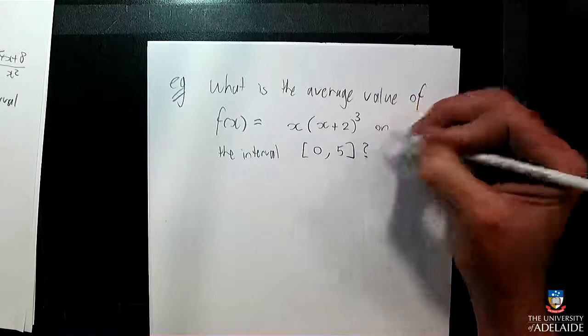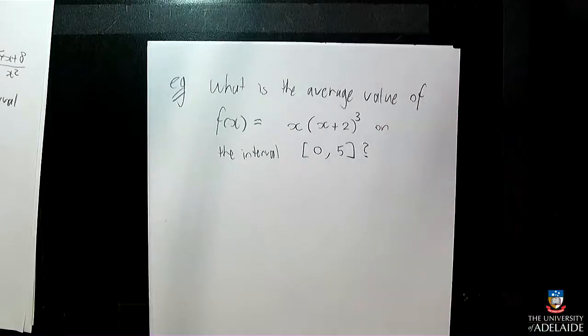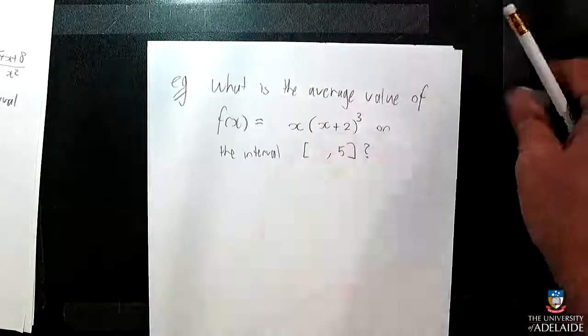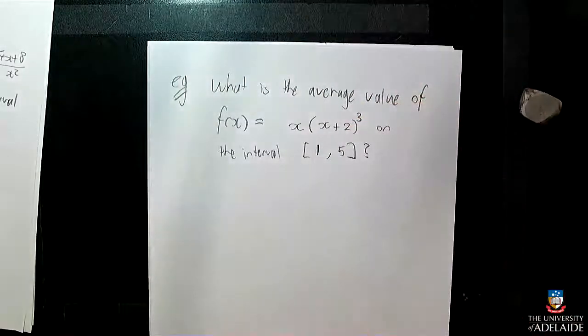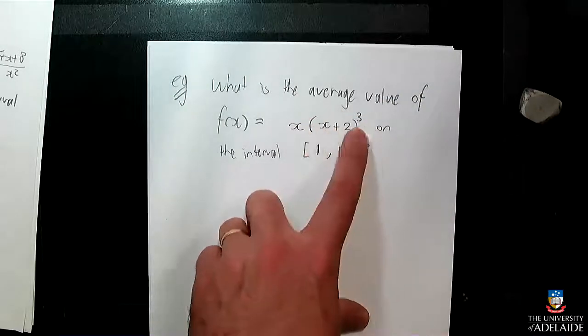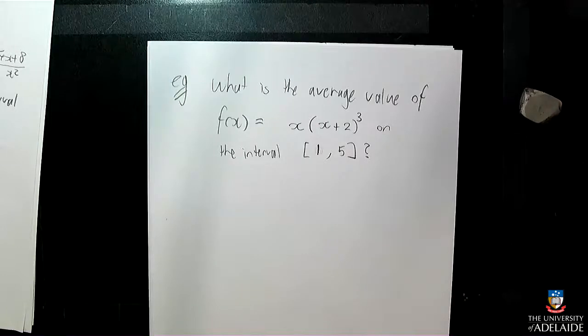Just a random thing. So this function, the idea is it has all these different function values. It ranges from 0 when x is 0. No, I'll go from 1 to 5. It ranges from 1 times 1 plus 2 cubed, 27, up to 5 times whatever 7 cubed is, which is gigantic on that zone.